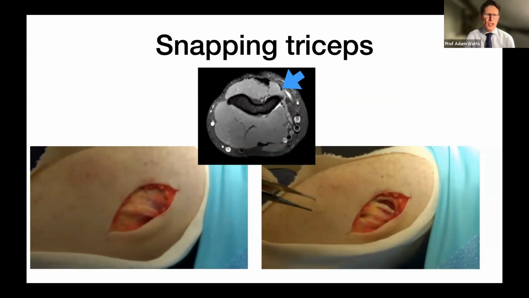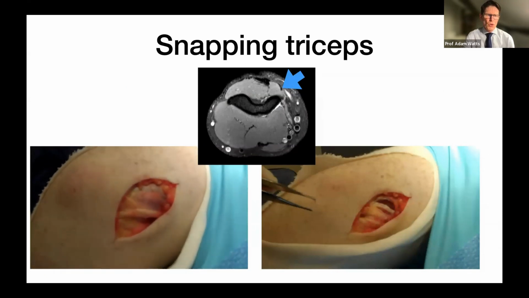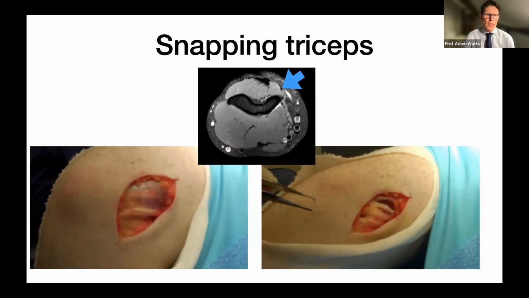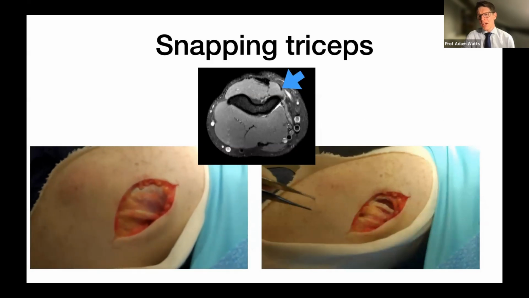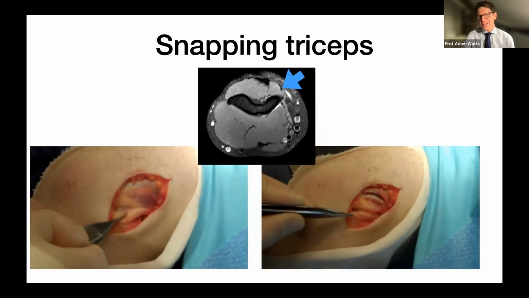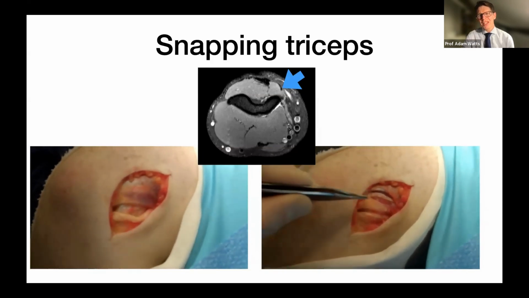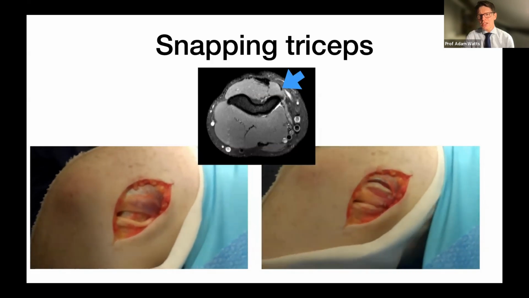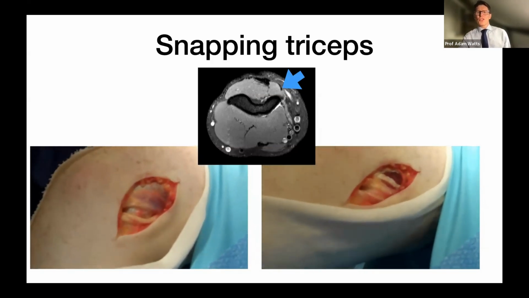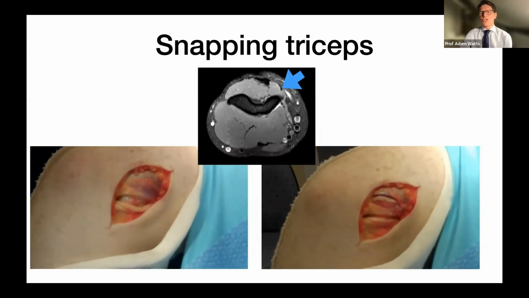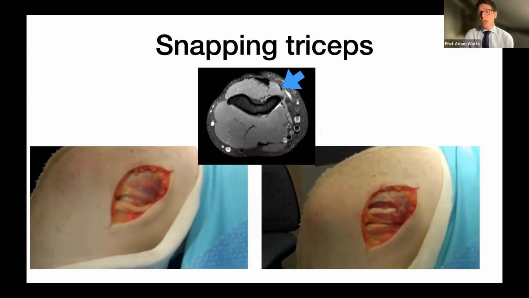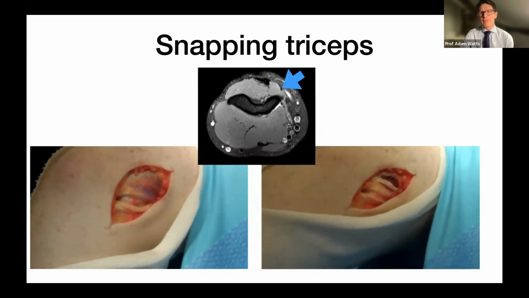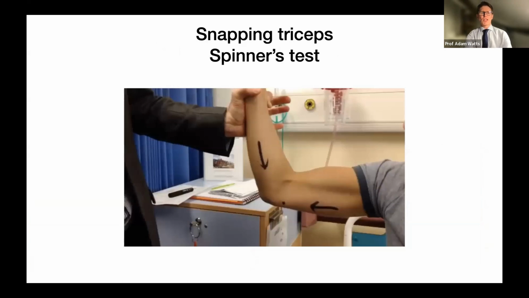At the time of operation, you can see the ulnar nerve moves, and then the band, the tendon within the medial head of triceps, moves, and I can dissect out that tendon, which is always surrounded by muscle, so it's easily missed, and there you can see it subluxating. And the treatment, of course, is to excise that and to transpose the ulnar nerve. But the important thing is to be aware of the diagnosis. If it's snapping, it's a snapping triceps in most cases.